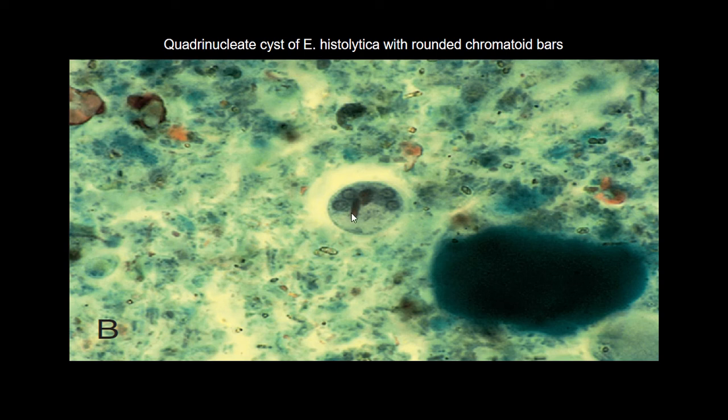So here, for example, if we look into a cyst stage of Entamoeba coli and Entamoeba histolytica, in Entamoeba histolytica the cyst stage contains up to 4 nuclei, and the nucleus has a nucleolus that is bull's eye. That means the nucleolus is present in the center.